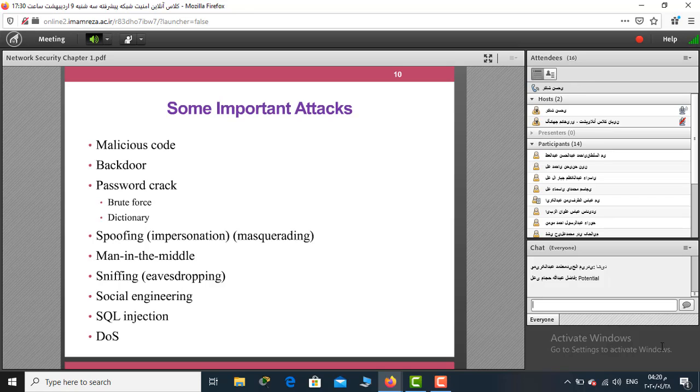So the attacker can guess and can try only the meaningful words and combinations of characters, letters and numbers, because they are more likely, more probable to be used.